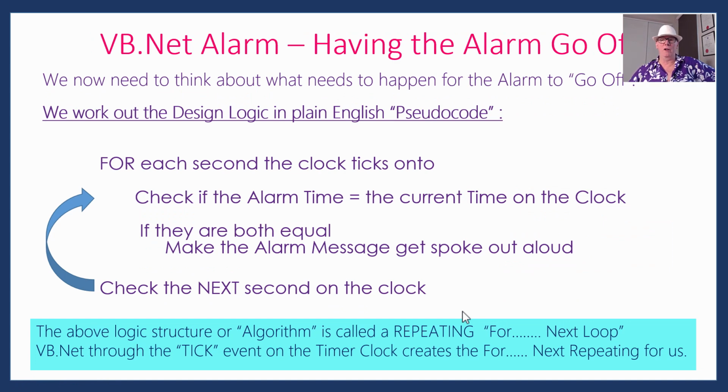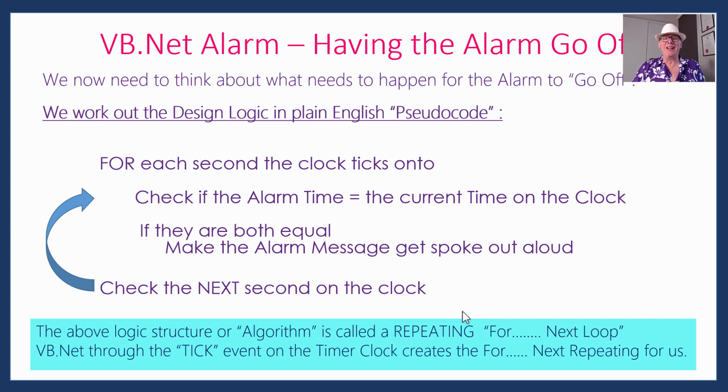And then that's all done and that's all good. All right, now we're on to having the alarm go off. Now, before you try and write the VB.NET code, because this is the most complicated section of this little program, we need to think, just in plain English, about what has to happen in this program for that alarm to go off.